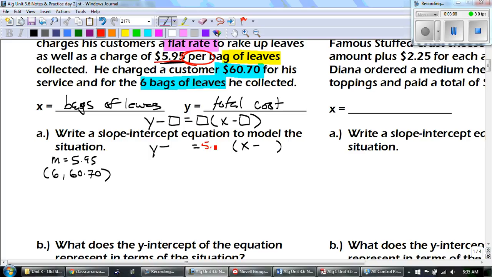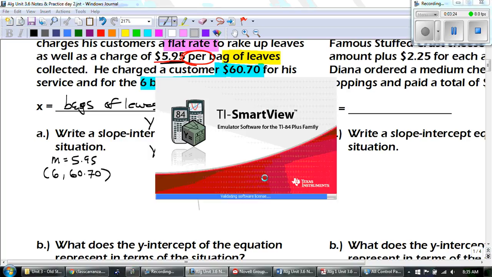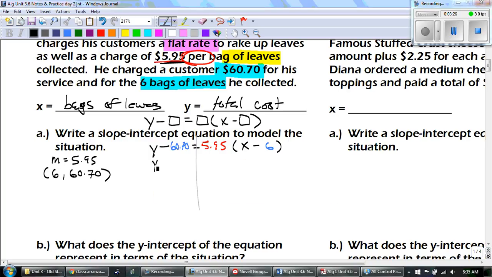I know that my slope is 5.95, and then we had 60.70 and 6. Okay, so what we need to do is solve, and I'm taking out my calculator because I can't do some of this in my head. So this stays the same.